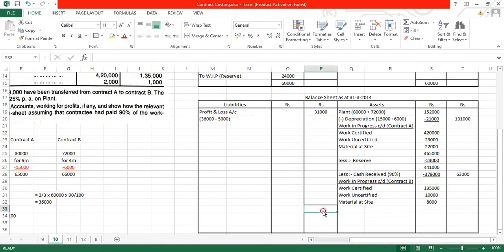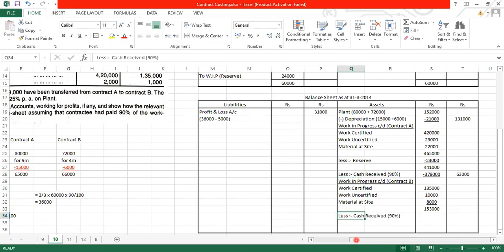We have any reserve over here? नहीं, क्योंकि हमें तो लॉस हुआ था. So we won't be writing down the reserve. तो फिर क्या करोगे? Directly subtract करेंगे. Reserve नहीं है तो cash received. First take the total of this 1,53,000. Less cash received. 90% of what?